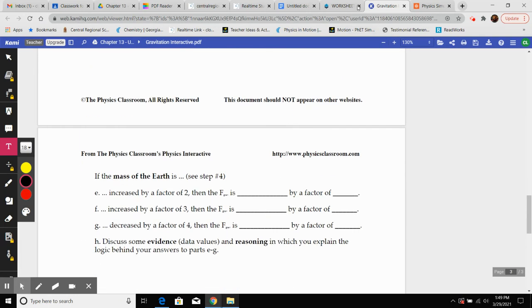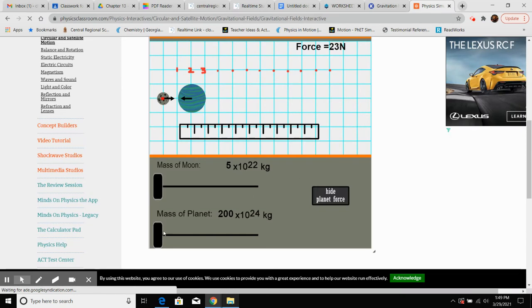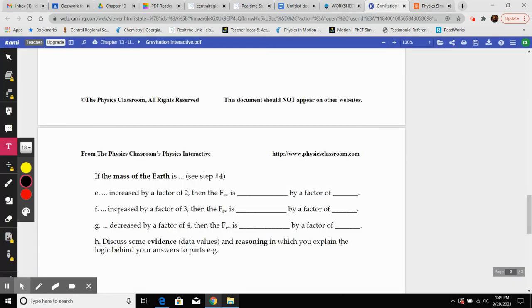We want to double the mass of the planet, or Earth here. Increased by a factor of 2, increased by a factor of 3, because they want some evidence. So what we have to do is we have to go change this. It was originally at like 4 something, 478-ish. We have to move it so we can double and triple it, because that's what they ask us to do in E and F.